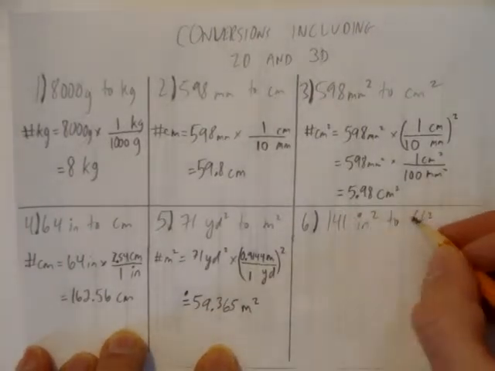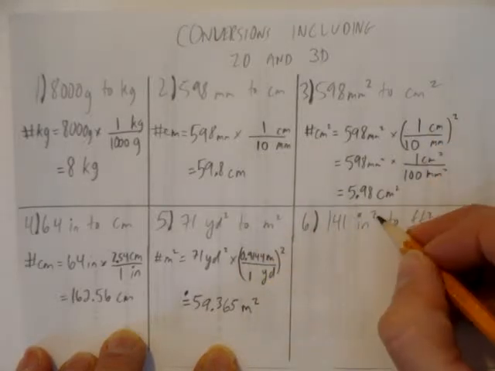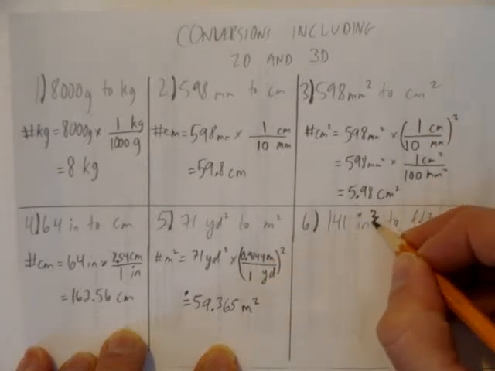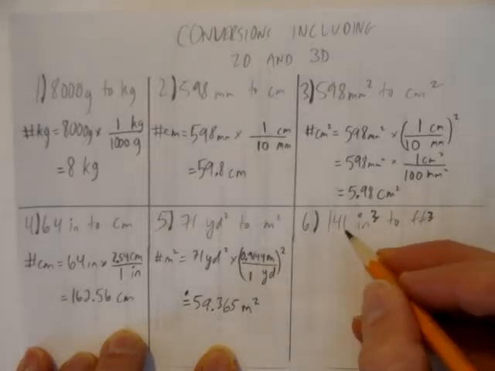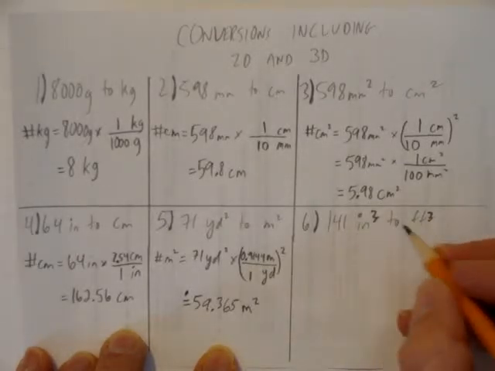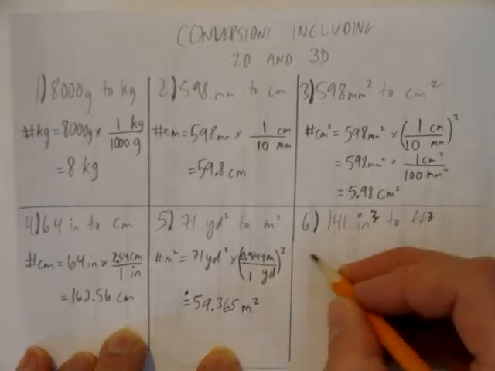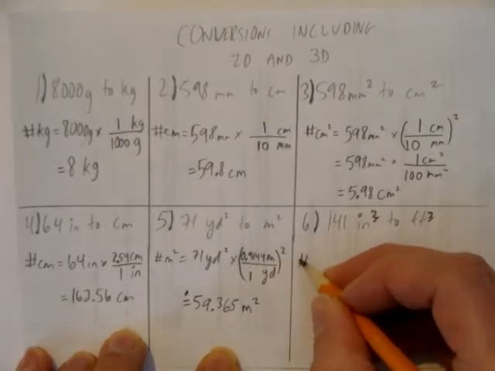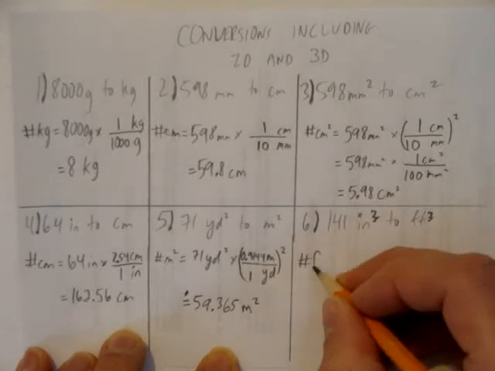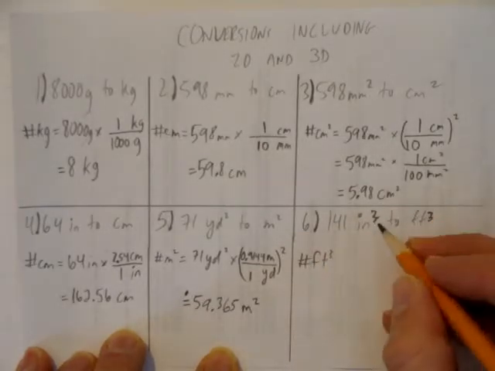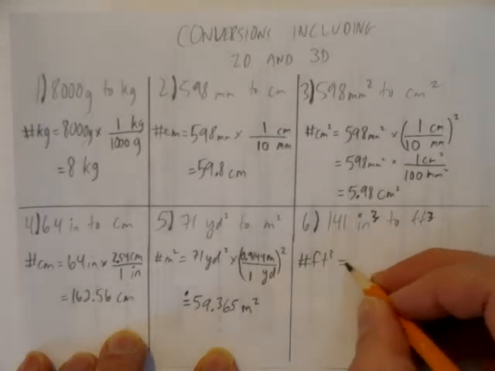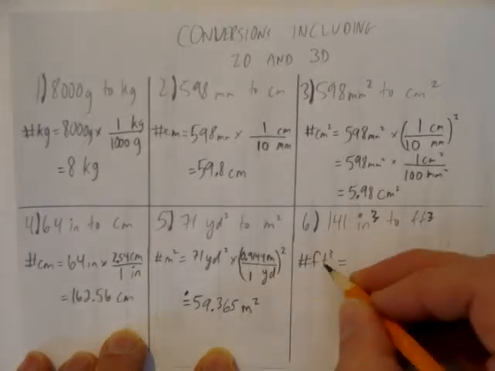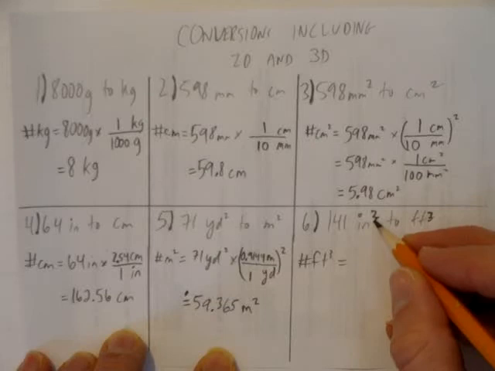Last conversion, 141 inches squared to feet squared. In fact, that's another area one. Let's make it a volume. Let's say instead the question asked you to convert 141 inches cubed to feet cubed. That's imperial to imperial. But more importantly, I'm interested to see what we do when we're converting a cubed unit. In that case, we're converting volume. We want to end up with feet cubed, or cubic feet, and we're going from cubic inches.